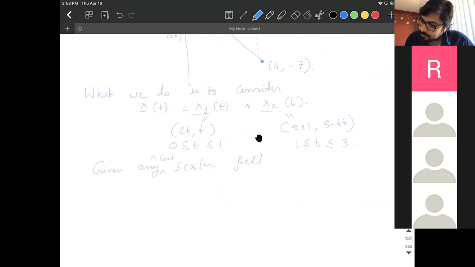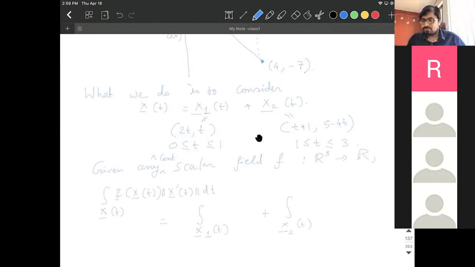Given any continuous scalar field f, this total integral of f of x(t) times the norm of x prime(t) dt would be the sum over x1 and x2.